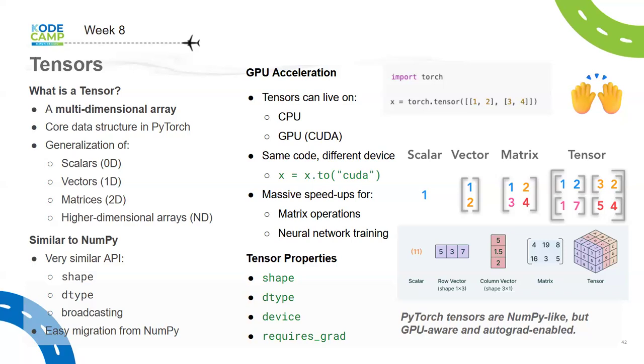So one thing with PyTorch is it's very similar to NumPy. If you take a tensor in NumPy, you can get the shape. The shape will tell you the number of dimensions in that tensor. If you take a zero-dimensional tensor and you try to get the shape, you're going to get an empty tuple. It basically doesn't have a dimension.